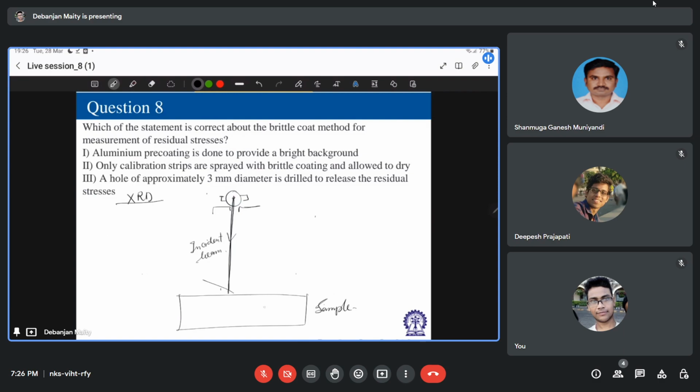There can be some mirror here like this. And let's say my sample has these atomic planes over here at some direction. So it must have some crystallographic direction and crystallographic plane, right? Depending on that crystallographic plane and direction, it will basically diffract a beam.